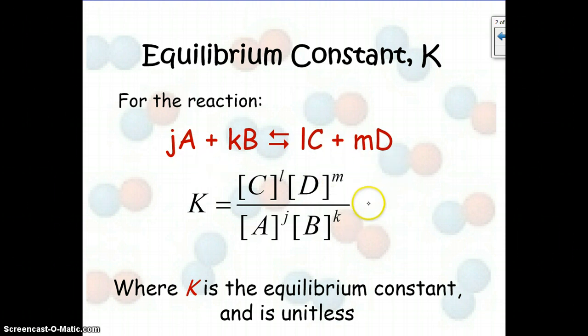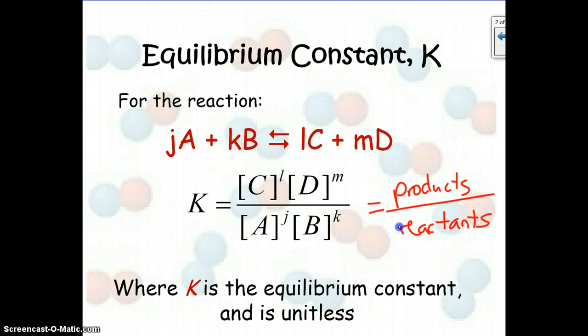It's essentially products over reactants, and you are raising the concentration to whatever the coefficient is in front of that reactant or product. That's essentially what this equation means. And the equilibrium constant K is unitless, so you don't have to worry about units with this one.